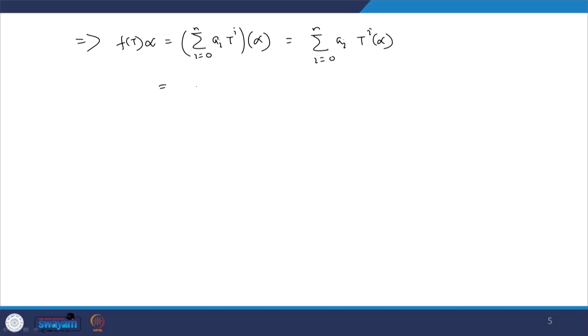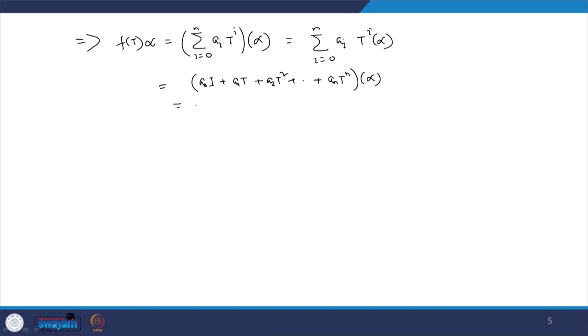So, this is nothing but a0 into I plus a1 into T plus a2 into T square plus ... plus an T to the power n operating on alpha.